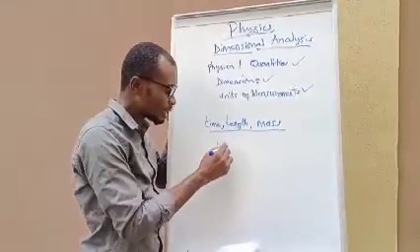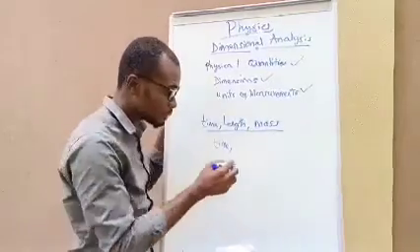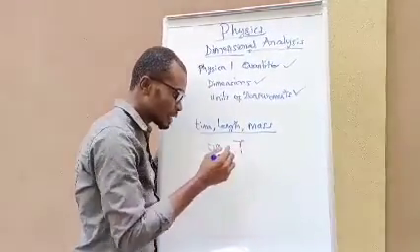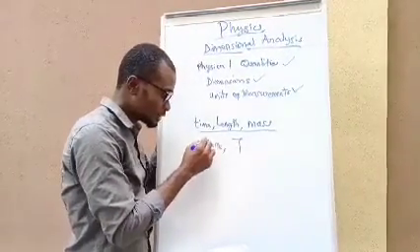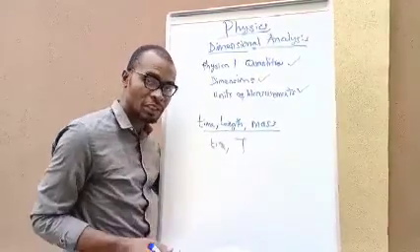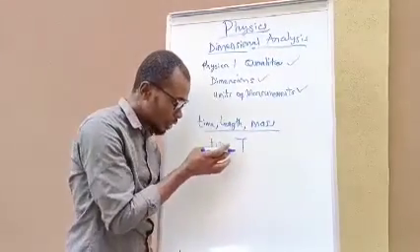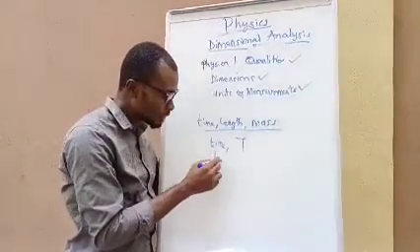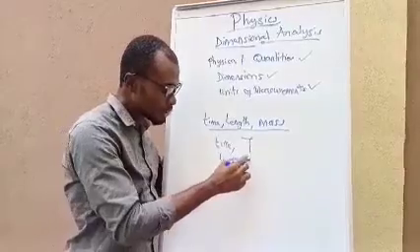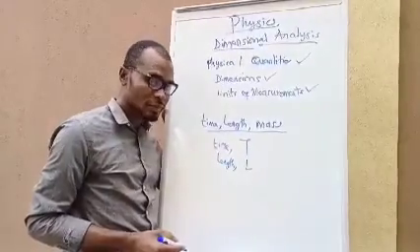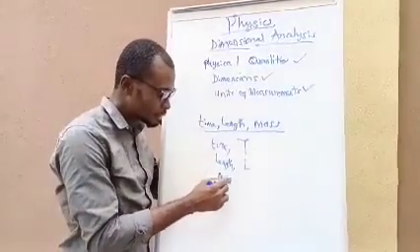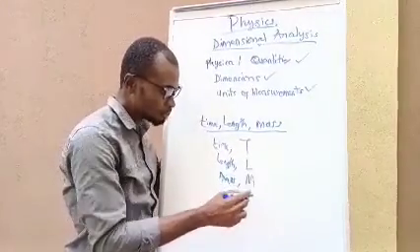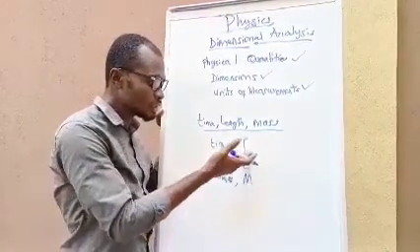Time we can represent as capital T. So this is the dimension of this particular quantity. If you talk of length, you represent it as L. If you talk of mass, you represent it as what? M.